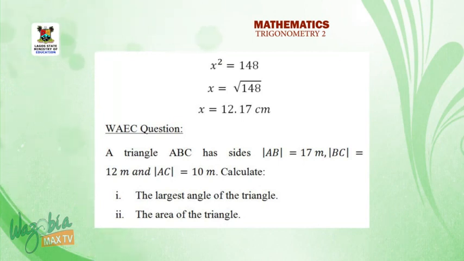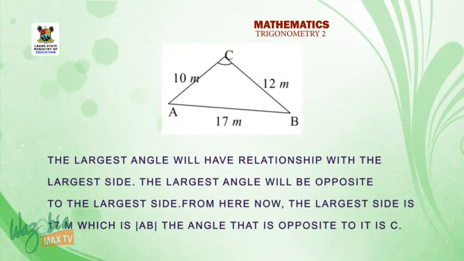So, the largest angle. The first thing you need to do here is draw the triangle and insert the information given. Just draw any triangle ABC, label it, put AB to be 17 meter, BC to be 12 meter, AC equal to 10 meter, and label the sides too. So decide the largest angle.